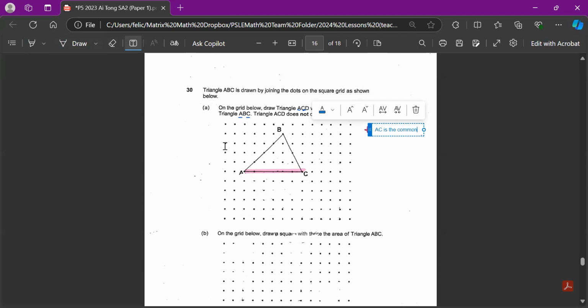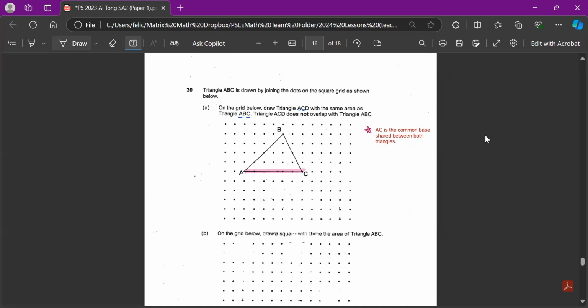The common base shared between both triangles. Alright, so AC is a common base shared between both triangles.